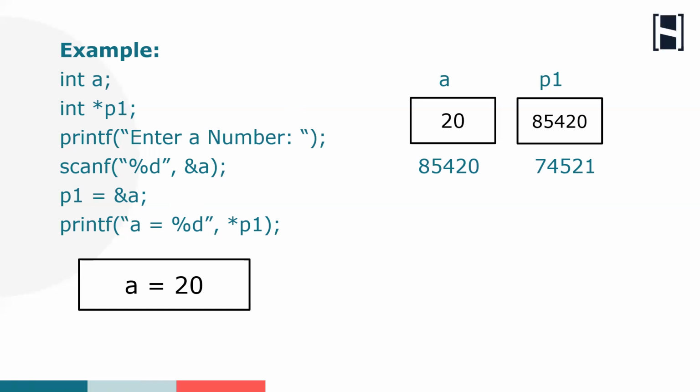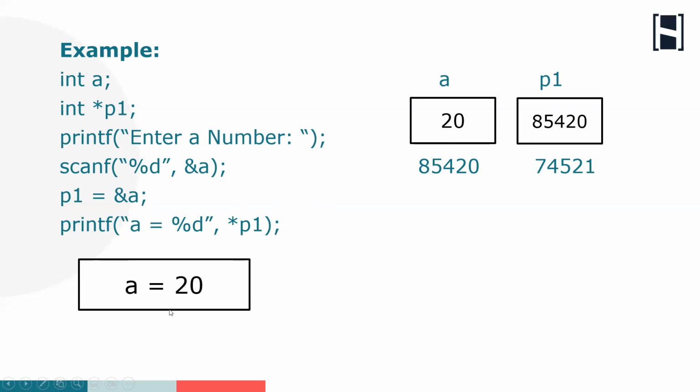So what is the name of the operator? Value of. Now what is going to happen? p1, what is p1? 85420. That is the value of p1. Now, star of p1, value at p1: what is the value stored at this address? 20. That is what is going to get printed for us.